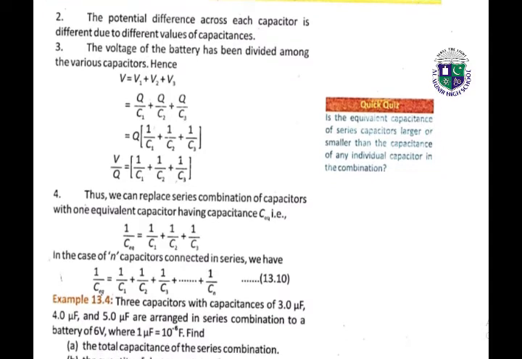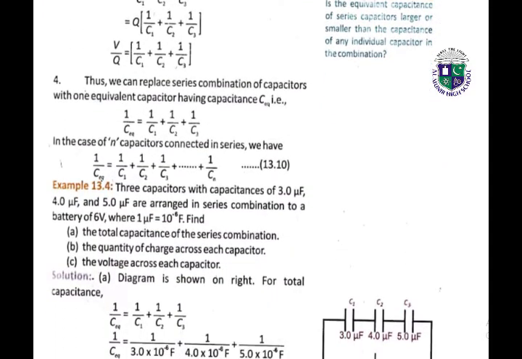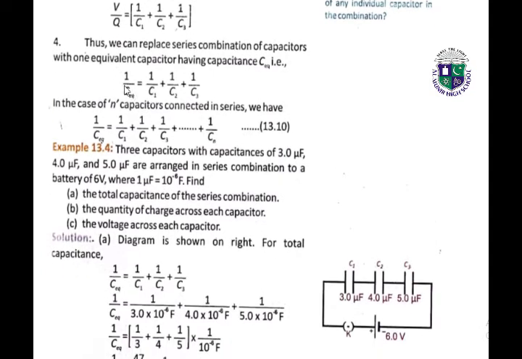Number 4, thus we can replace the series combination of capacitors with one equivalent capacitor, 1 over C equals 1 over C1 plus 1 over C2 plus 1 over C3, and in case of n capacitors it is given in equation 13.10, up to 1 over Cn.